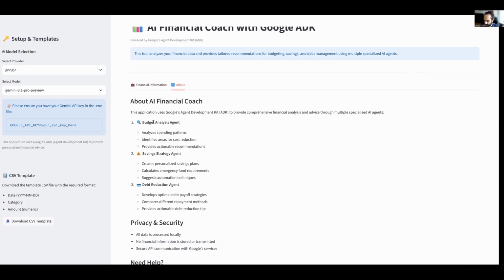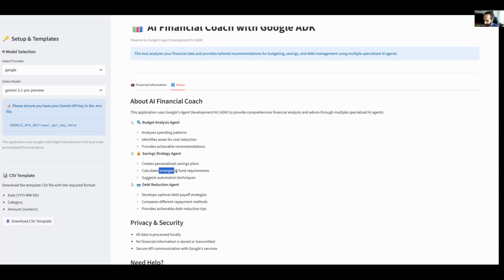The first one is the budget analysis agent, which analyzes spending patterns based on the data that we uploaded. It identifies areas for cost reduction and provides actionable recommendations. We have another one which provides the savings strategy, including personal saving plans.